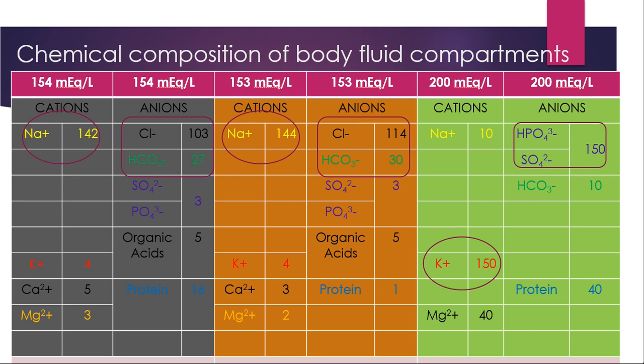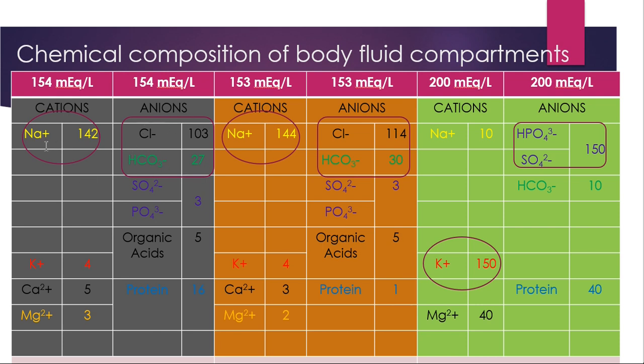So in this slide, we can see plasma, and in plasma, the principal cation is sodium, Na+, whereas the principal anions are chloride and bicarbonate. These will become important in the management of acid-base disorders. So just focus on the encircled part.